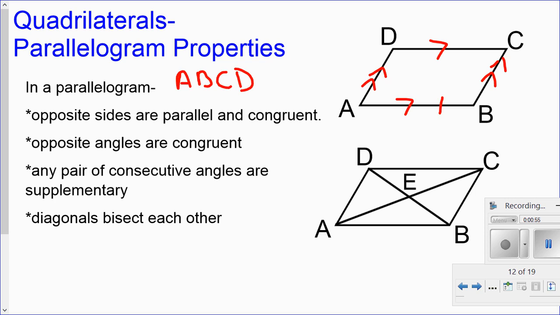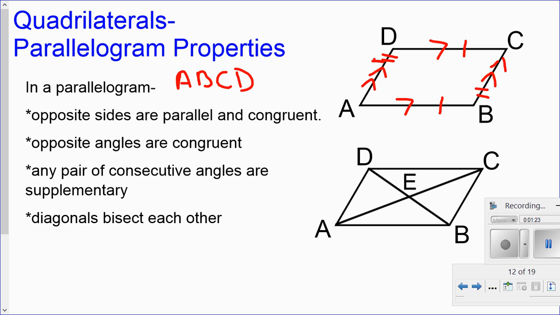So AB is congruent to CD, and AD is congruent to CB. Okay, and that'll always be true if the quadrilateral is a parallelogram. Now keep in mind, if it's just a quadrilateral, if it's not specifically a parallelogram, or remember that means a rectangle or a square, then this would not be true.